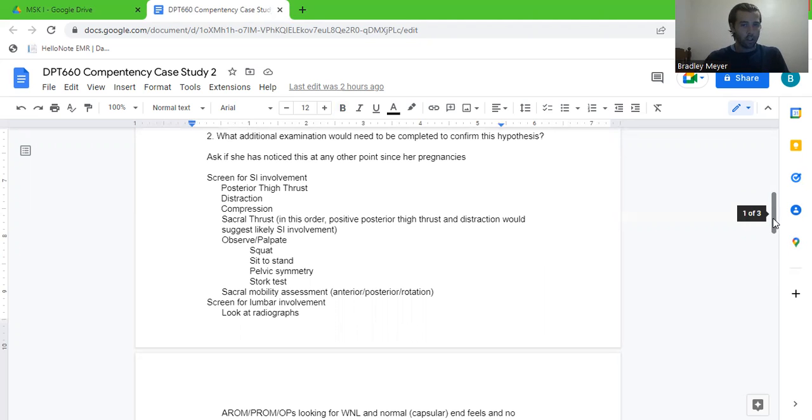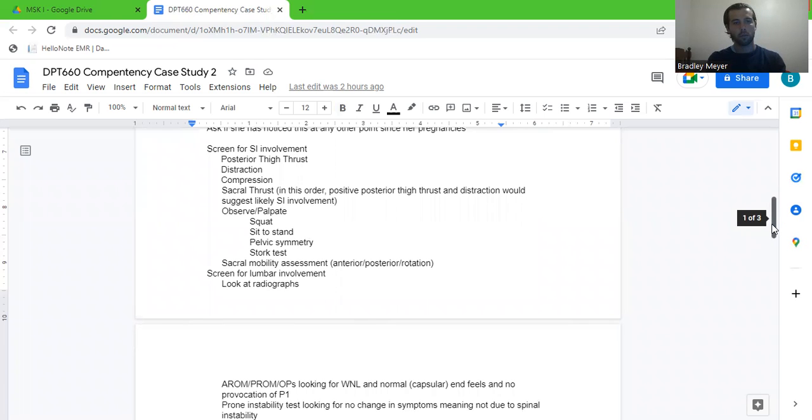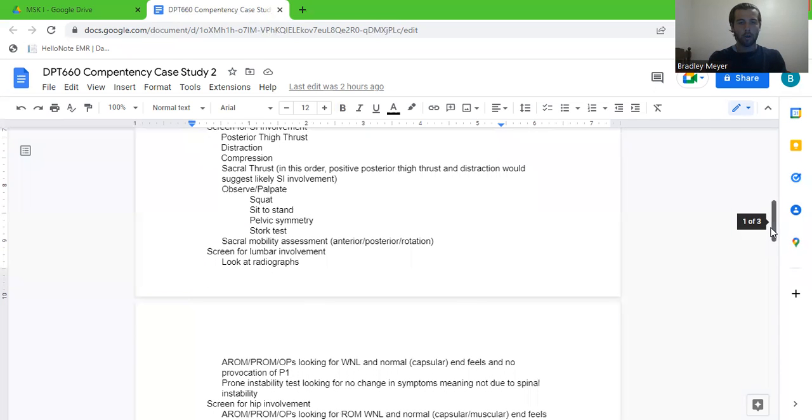If we need more testing after that to confirm our hypothesis, you could do some observation during functional tasks such as squat and sit to stand. We could observe pelvic symmetry and palpate with the stork test, or when she's bending over, where we would expect the pelvis to move with that. And then if we do find positives with those, could assess the sacral mobility by providing anterior, posterior, or rotational pressures.